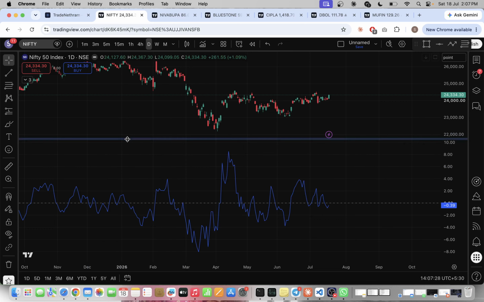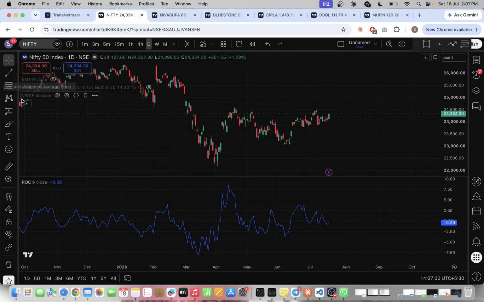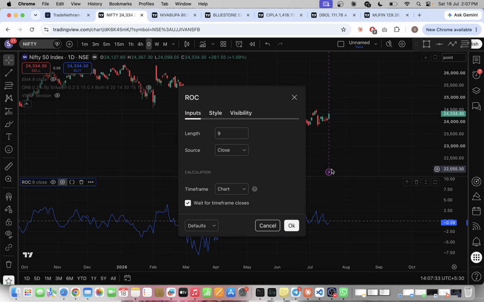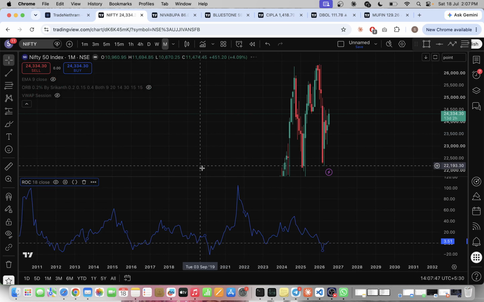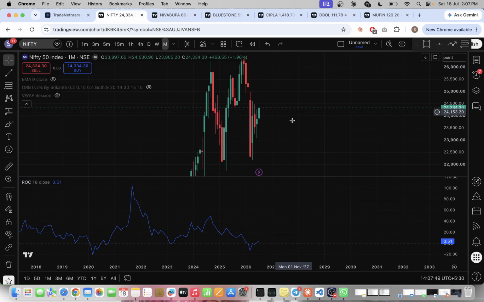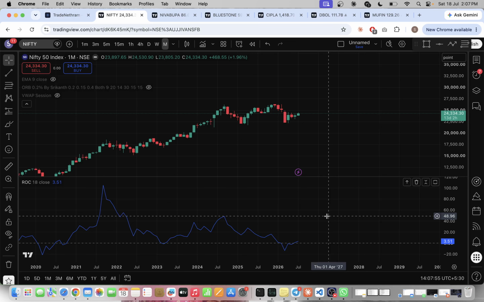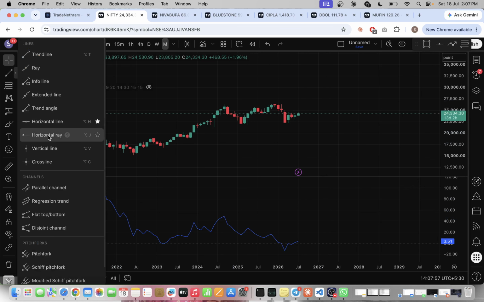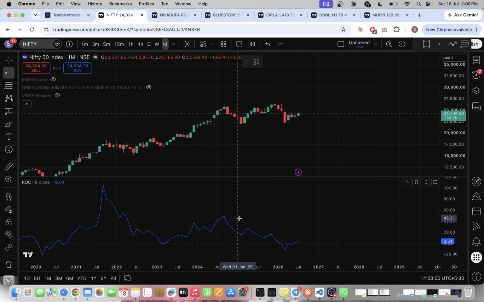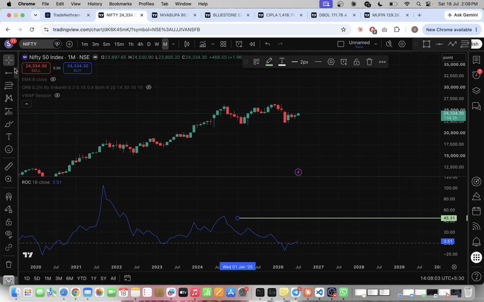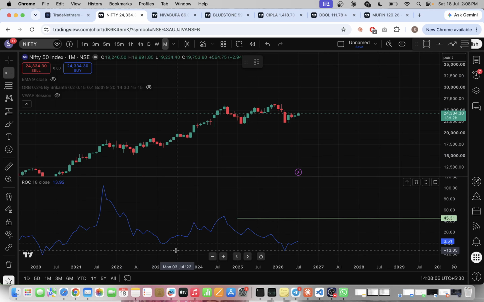Here for ROC, I'll say 18, and I go into the monthly time frame. There are some settings that need to be changed. So I'll mark the levels as 45. Horizontal ray, a 45 somewhere around here, and a 0 somewhere around here.